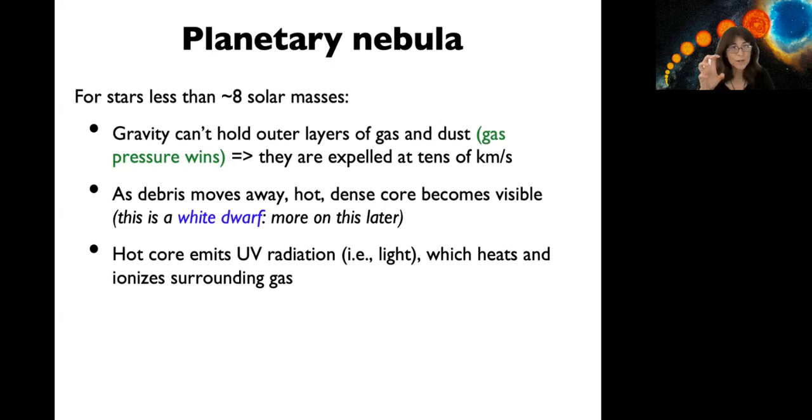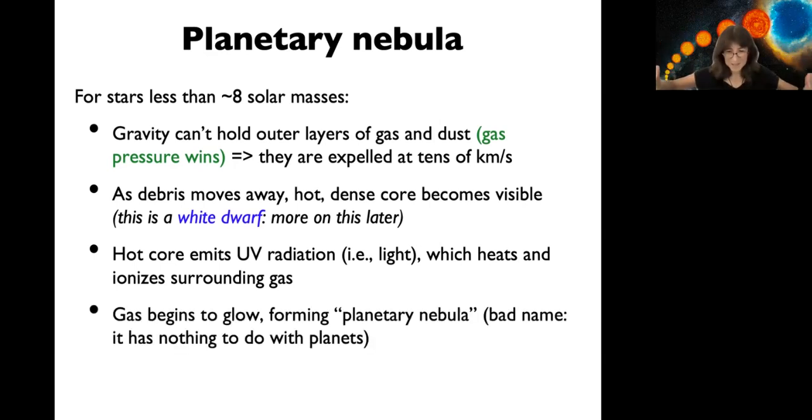But this hot core, called a white dwarf, is so hot that it emits UV light, right? Ultraviolet light. So if you remember, blue light is very high energy, ultraviolet is even higher energy, shorter wavelength. So this ultraviolet light kind of lights up the entire nebula around it, the outer layers of the star that are expanding. And so it begins to glow. And it forms what we know as a planetary nebula.